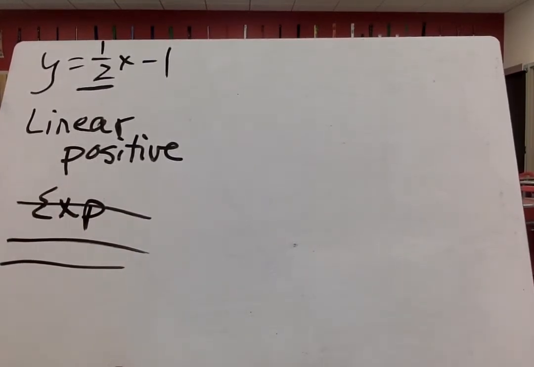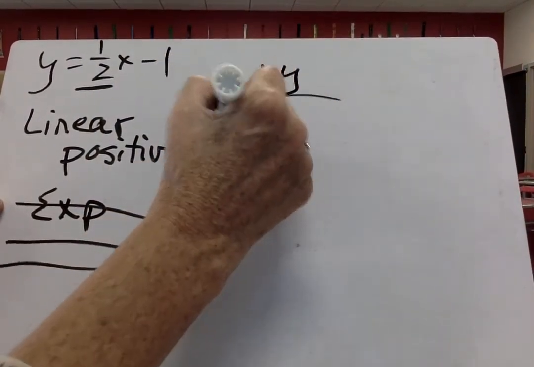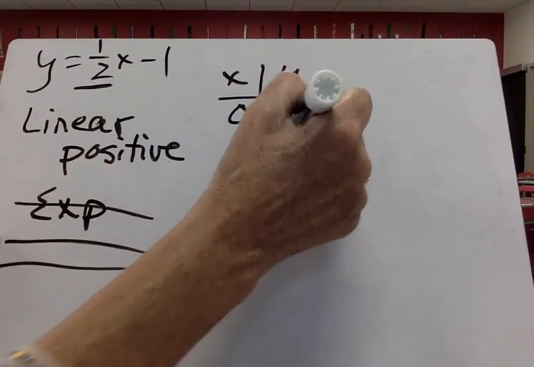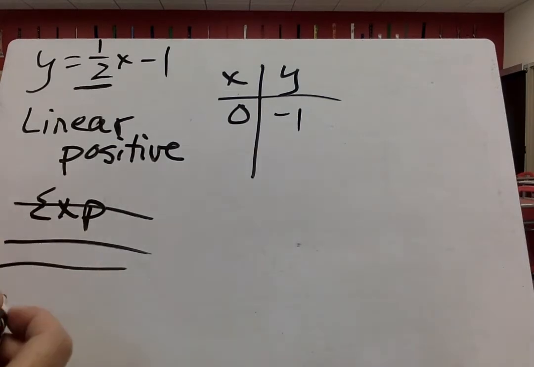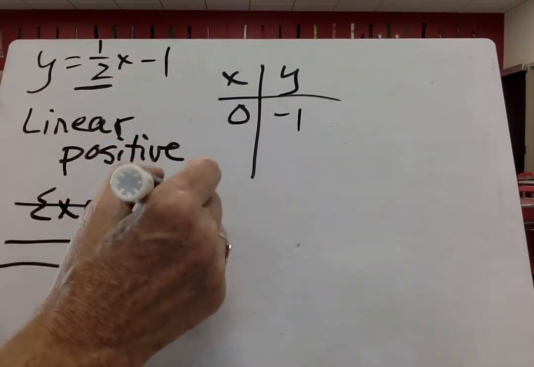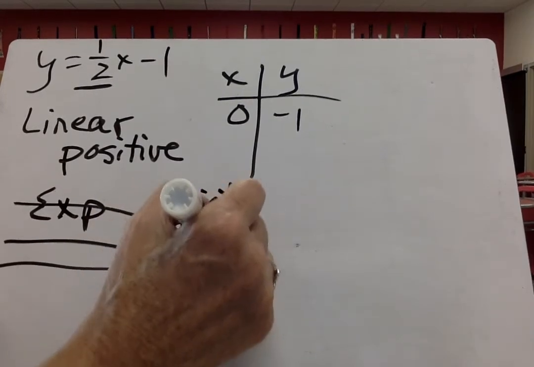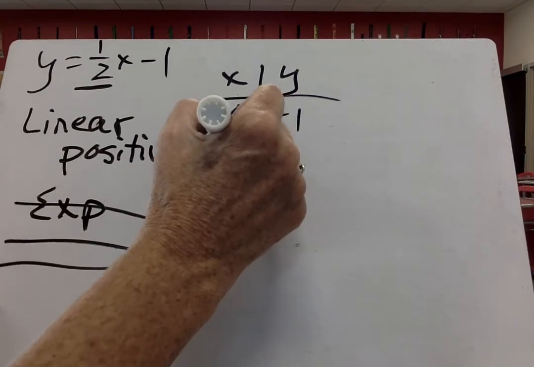The y-intercept, if I do my xy chart, 0, if I put 1/2 times 0 is 0, minus 1 is negative 1. So there's our y-intercept. So when it asks for the y-intercept, you can put 0, negative 1. Okay. Now let's go ahead and put negative 5 in there.